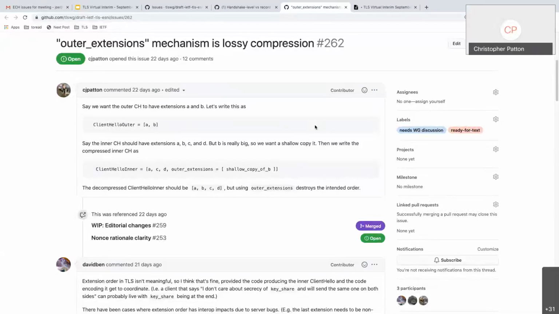There's a proposal for doing this, and we haven't gotten much feedback. There's some pushback from Martin Thompson. If he's here, he can comment on it. But basically, there's a proposal for fixing this, and I'm waiting for feedback.